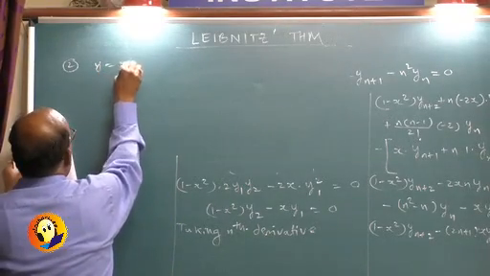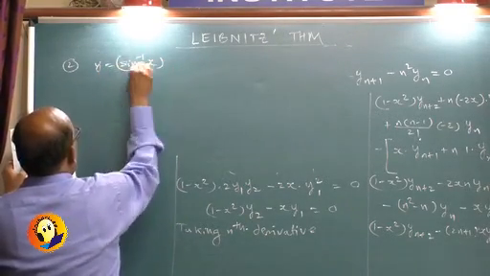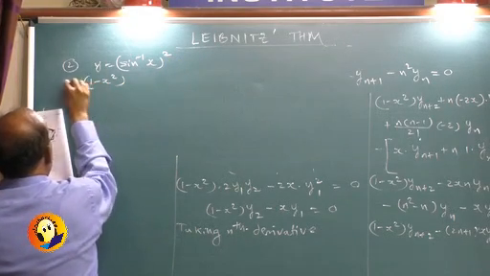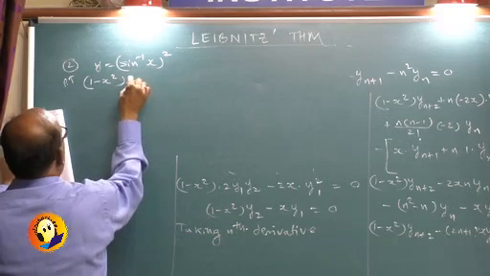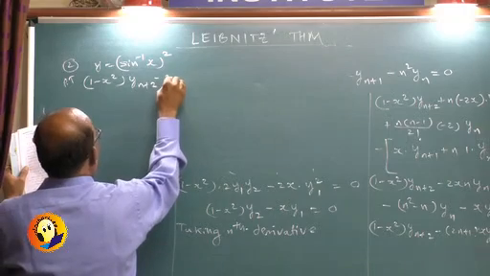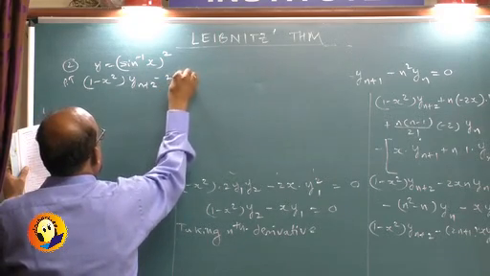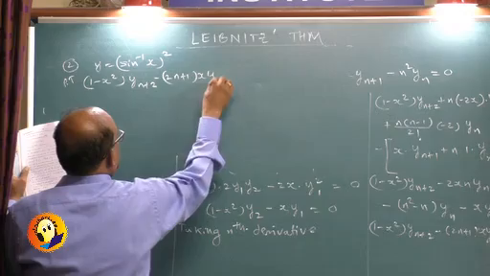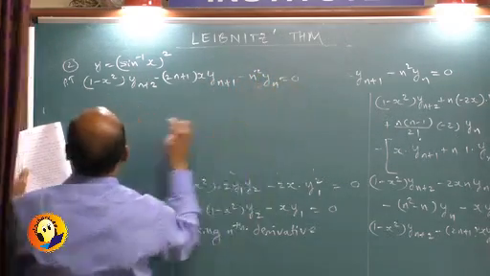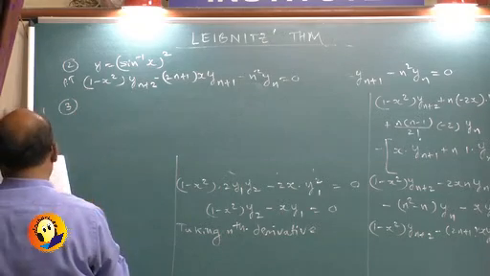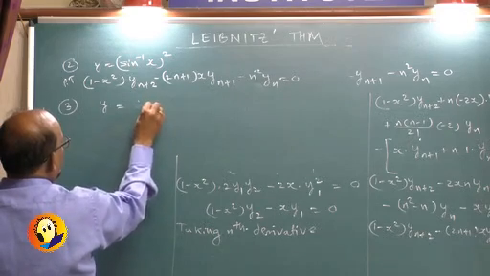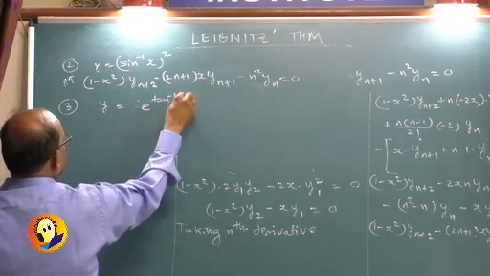Y equal to sine inverse x bracket square, and it was to be proved as the same previous expression. The next problem is y equal to e raised to tan inverse x.